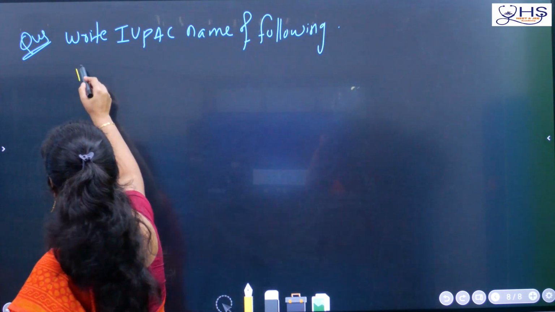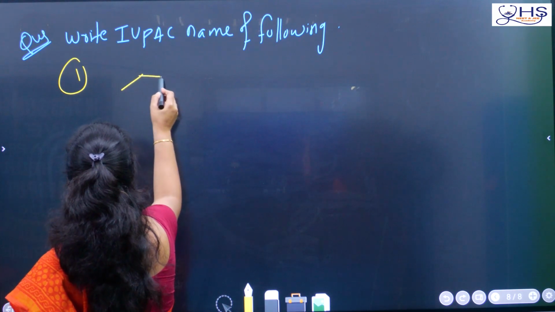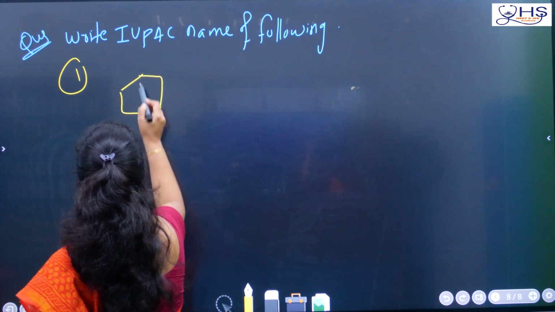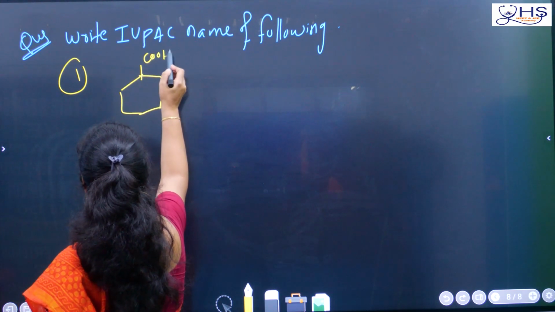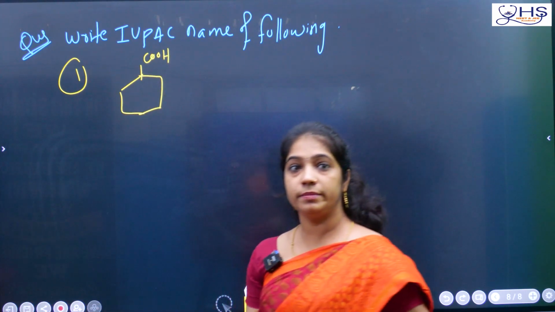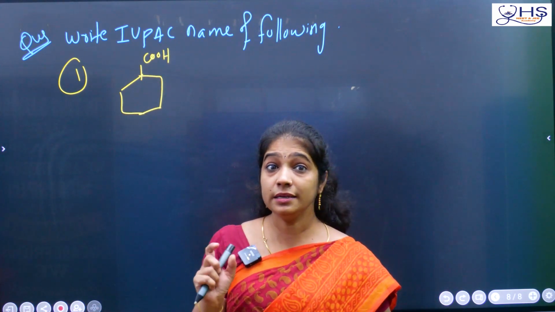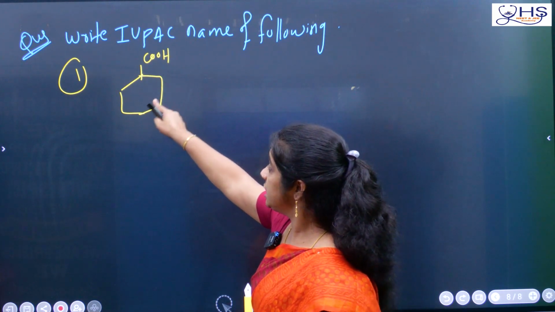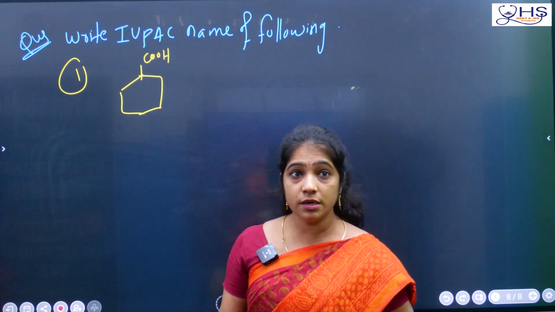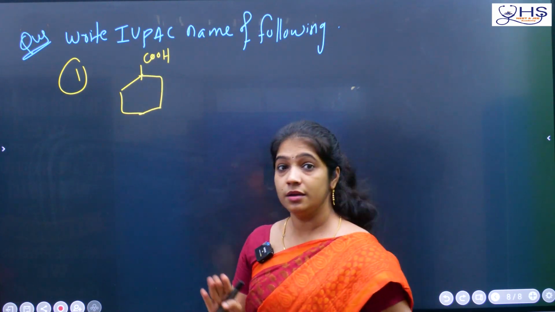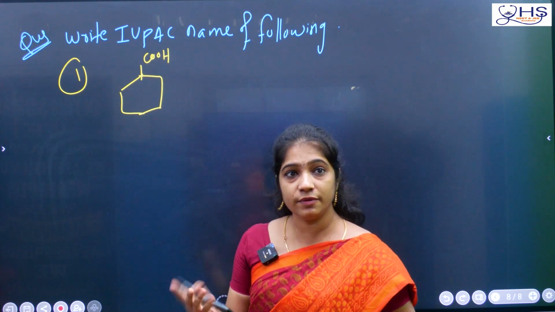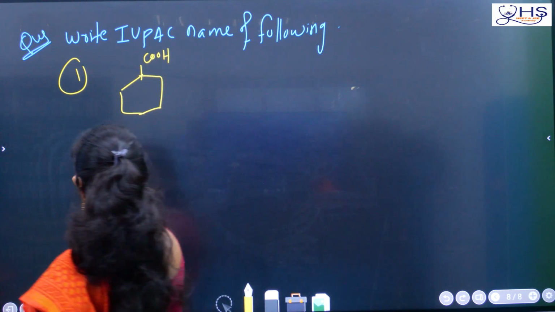Now many children will get confused between benzene and cyclohexane. Please remember, benzene means here you will have double bonds, and this is cyclohexane. So they are different. Cyclohexane is different from benzene. Please try to do that.